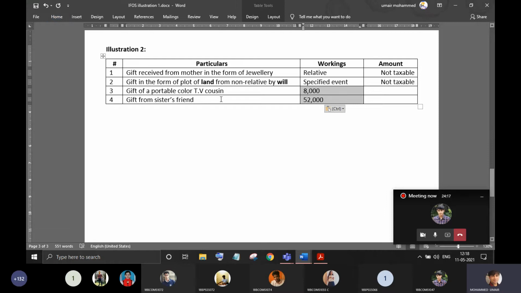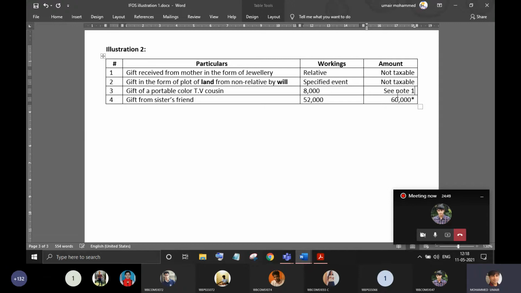As per the rules, when the aggregate value of the gifts received from non-relatives during the previous year exceeds 50,000, then the entire amount is taxable. So in this case, 52,000 is taxable.